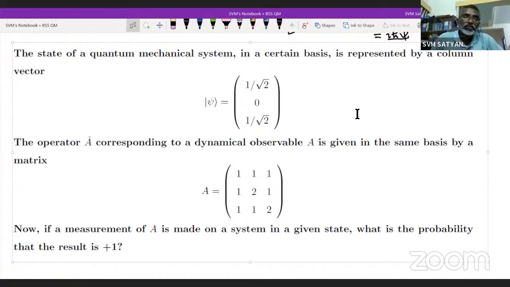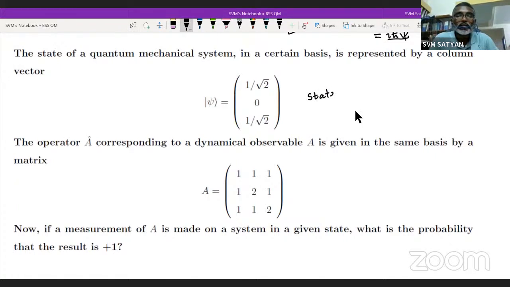This is the state. The operator A corresponding to a dynamical observable is given in the same basis by this matrix.